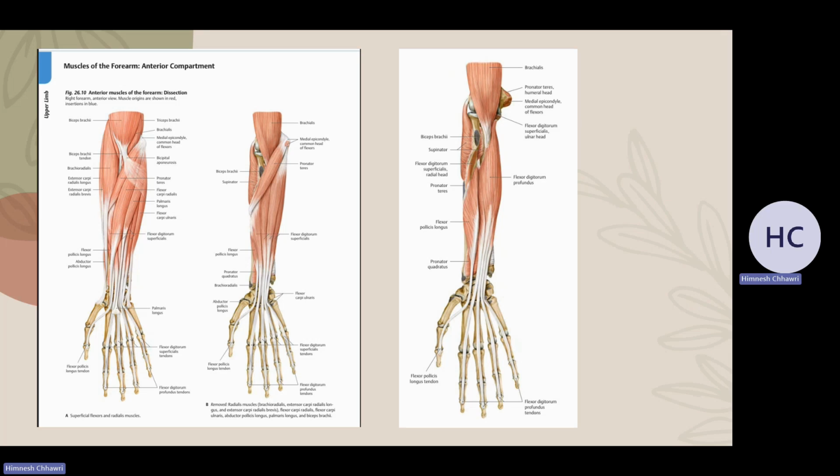The lateral two, that is the second and third, are innervated by the median nerve. Same as all other muscles, except two exceptions: flexor carpi ulnaris and the medial two of flexor digitorum profundus.